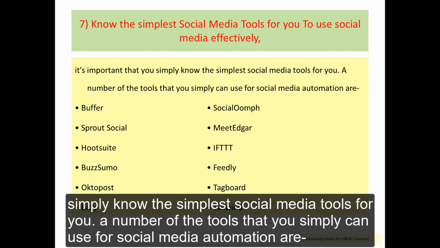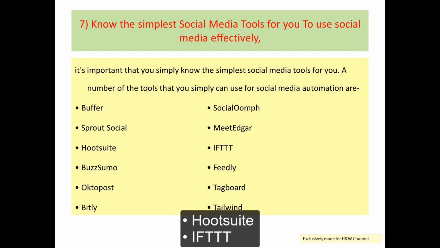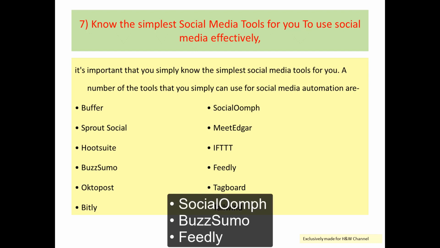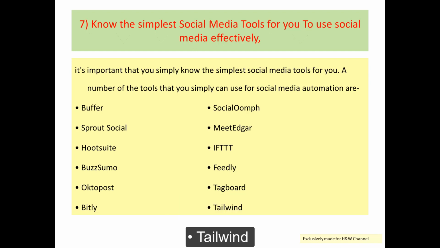Some of the tools that you can use for social media automation are Buffer, Social Oomph, Sprout Social, Meet Edgar, Hootsuite, IFTTT, BuzzSumo, Feedly, Octopost, Tagboard, Bitly, Tailwind.